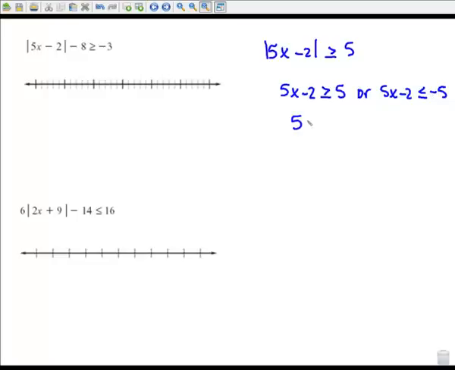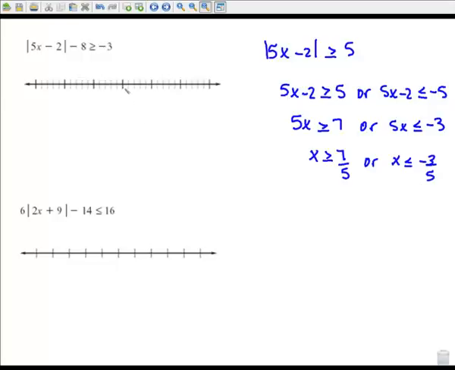So I'll add 2 all the way around. So 5x is greater than or equal to 7, or 5x is less than or equal to negative 3. Divide everything by 5, and x is greater than or equal to 7 fifths, or x is less than or equal to negative 3 fifths.